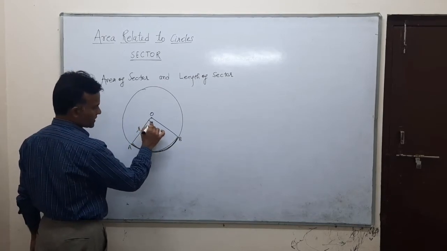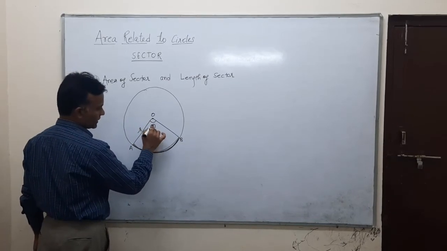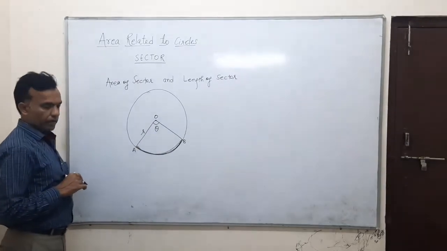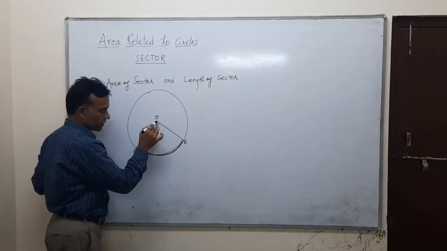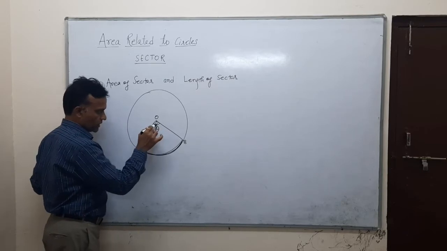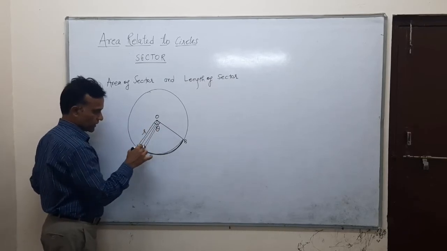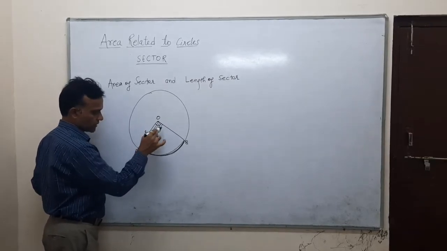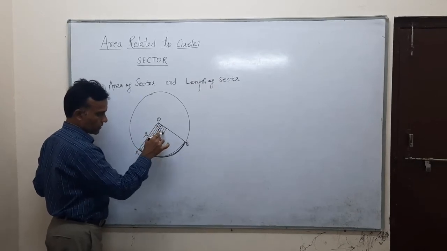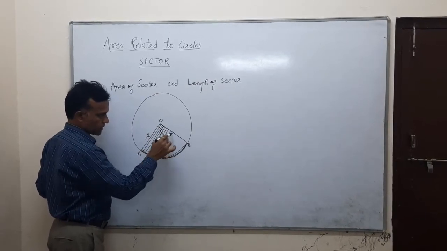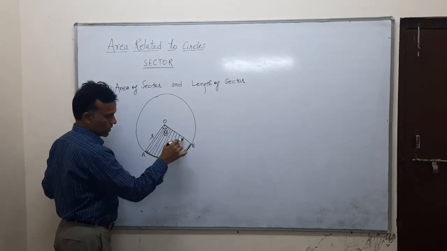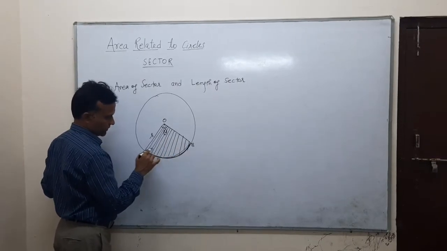Now this area is covered by some angle that is called theta, and this is the sector of circle. This area is called sector of circle because this is a part of the circle. This whole part is called sector.